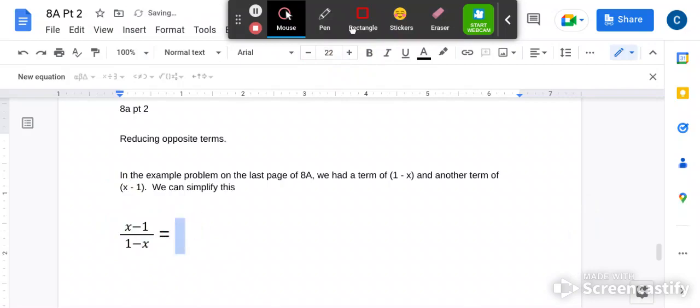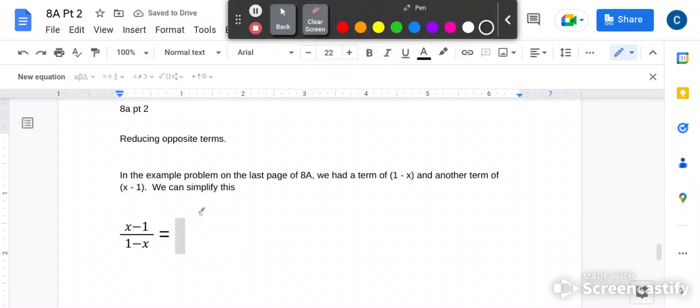Here's how. We have x minus 1 over 1 minus x. We can rewrite this as x minus 1 over negative x plus 1. So we have x minus 1 on top, and the 1 minus x we can really write as negative x plus 1.